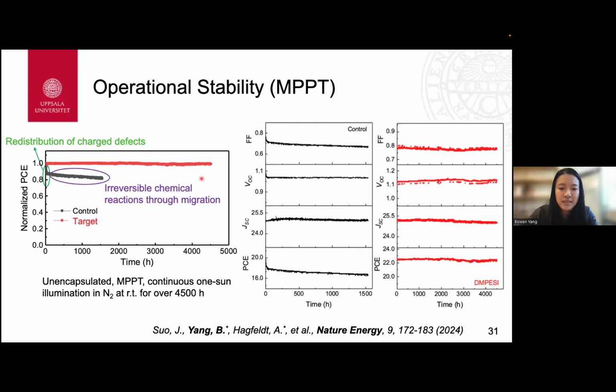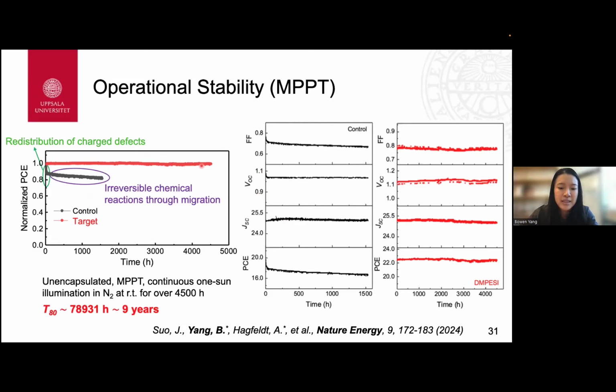In contrast, the DMPSI treated devices show excellent stability under the same operational condition, with negligible PCE drop after a long time. Making a linear extrapolation of this data yields a theoretical T80 value of over 9 years.